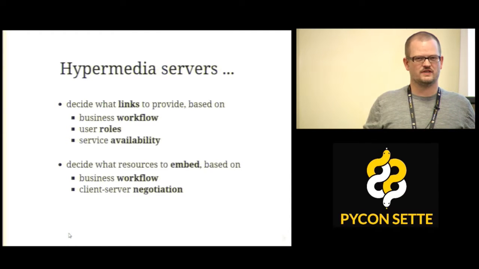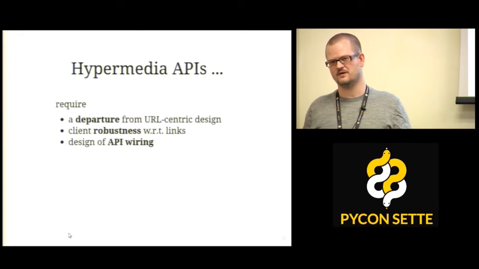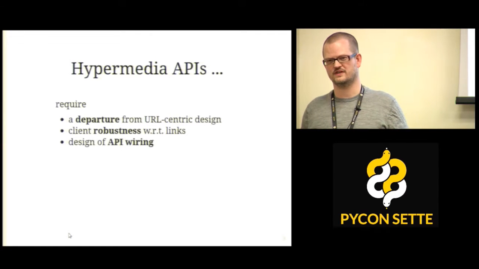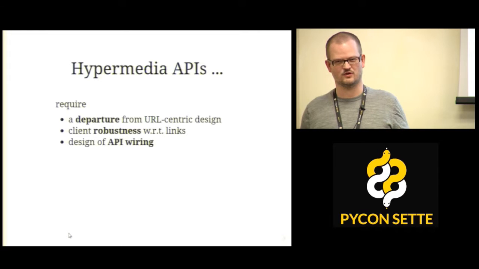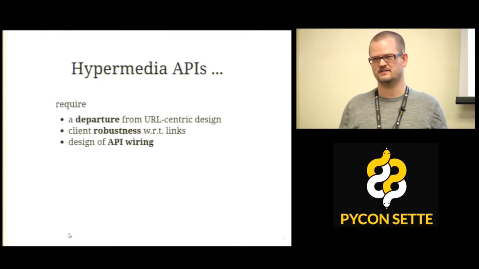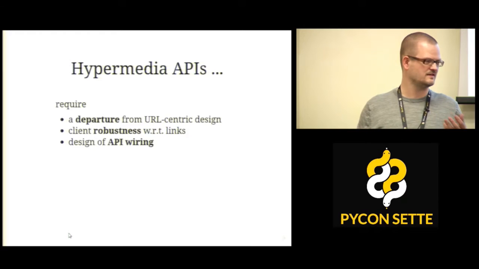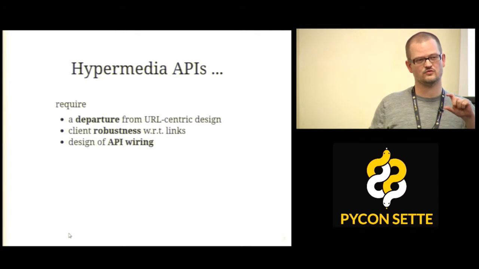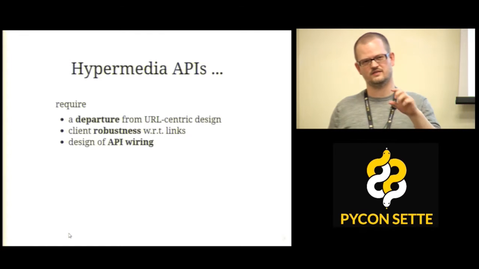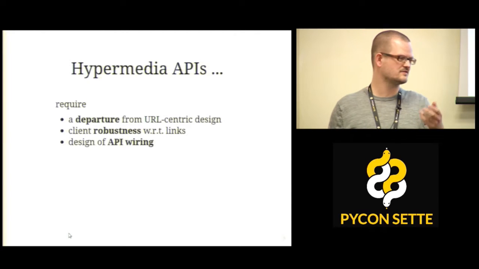Now, if you do this, this is a departure from how most REST APIs work at the moment. Most documentations of REST APIs describe URL endpoints. And so this means that people who write clients need to be thinking in a slightly different way. They need to make their clients a bit more robust in the sense that they need to be able to handle the absence of links.